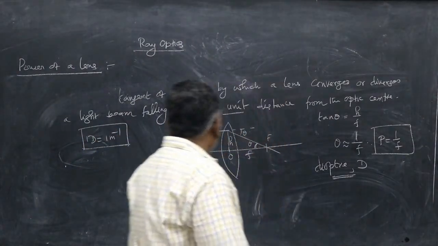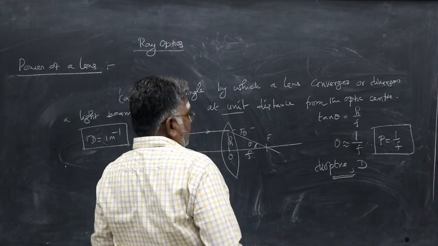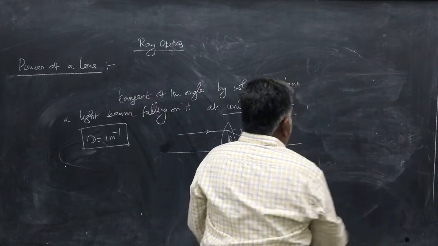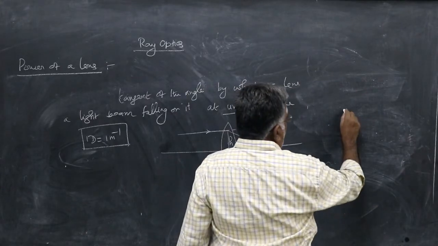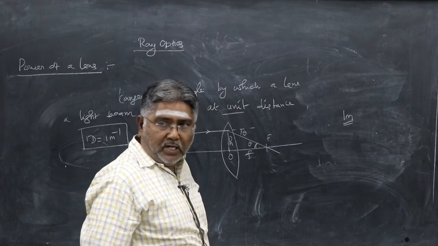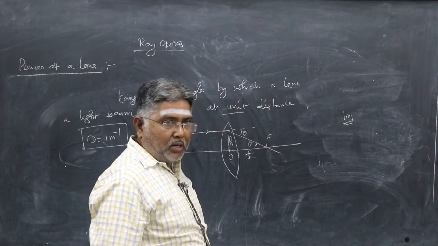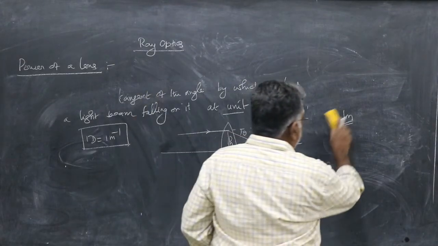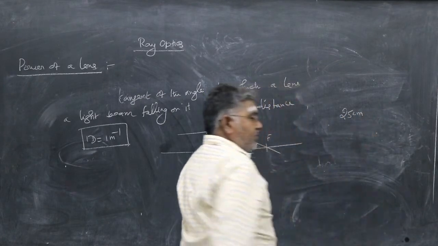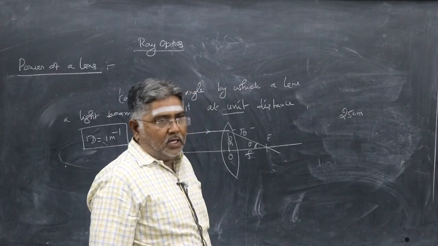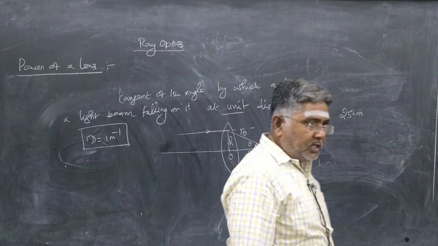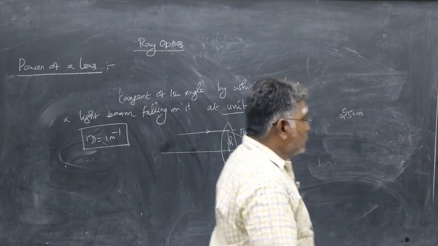For example, if you are asked to calculate the power of a lens whose focal length is 1 meter, or say power of a lens whose focal length is 25 centimeter, and we want to calculate the power in diopters, what you should do?